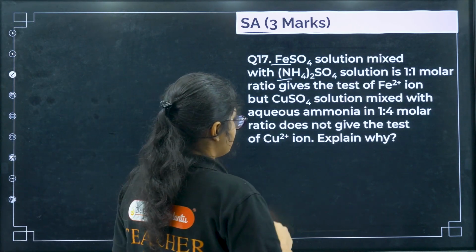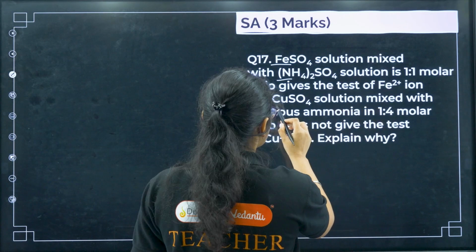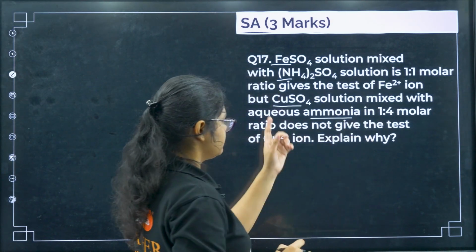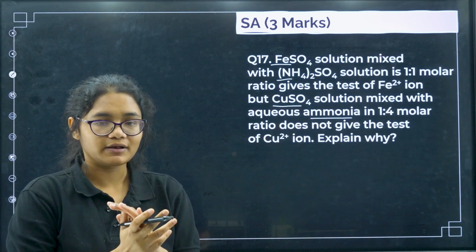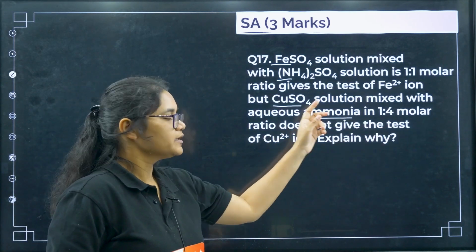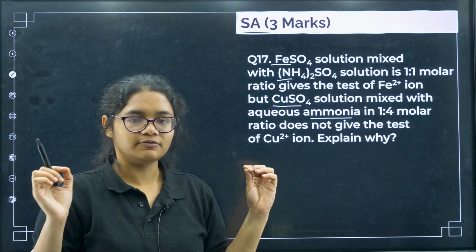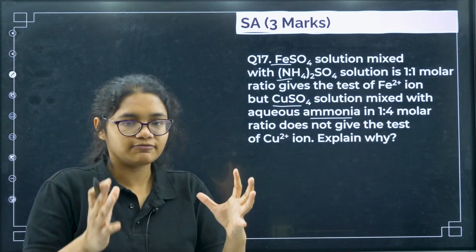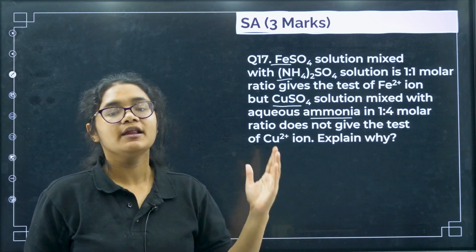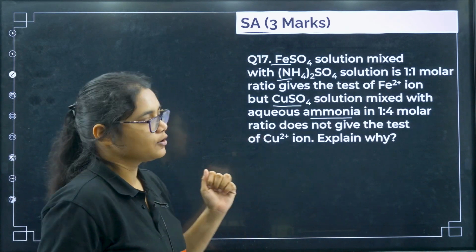Now if you take copper sulfate solution mixed with aqueous ammonia, they will form a complex in the ratio of 1:4. So copper ammonia complex will form. Because the complex has already formed, there are no free copper 2+ ions, so it will not show the test for copper.